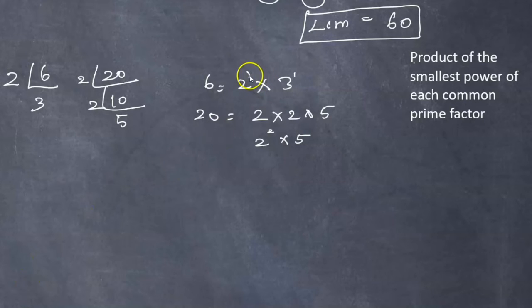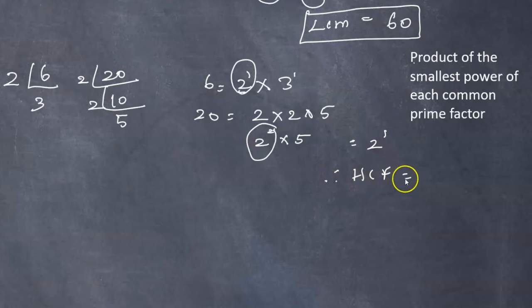So in this we have 2 power 1 and 2 power 2. The others, 3 power 1 and 5, are only single factors, so we can leave those. 2 is the common factor, so we can take the smallest power, which is 2 power 1. Therefore HCF equals 2.